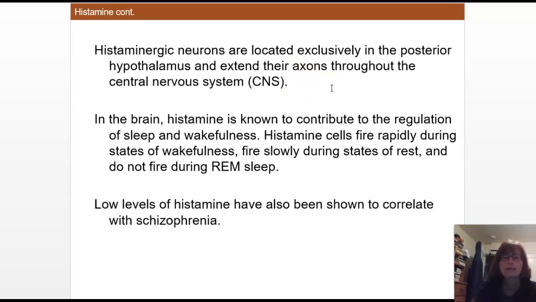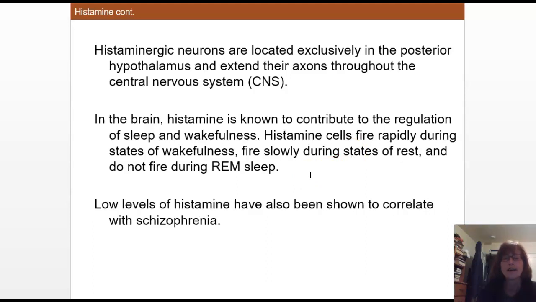So in the brain, histamine is associated with a lot of things, but its main association is probably with sleep. So histamine cells are basically very active during the day when we're awake, and much less active when we're resting. And in particular, they don't act at all.